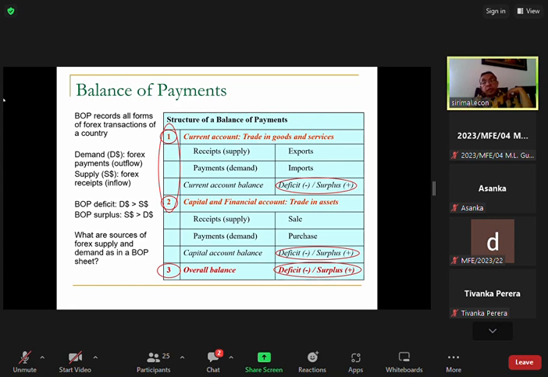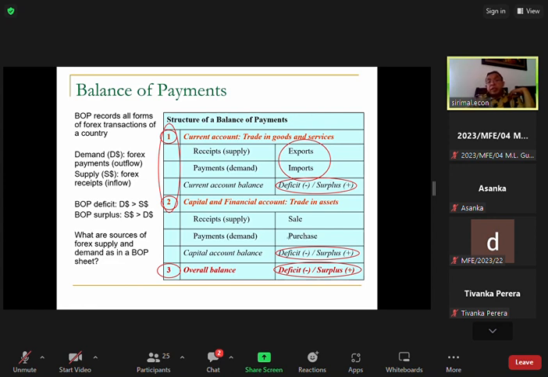Then, how do we understand that a country has a balance of payment problem? There are various ways to understand that. You need to look at the long-term trend, where the country is moving. If the deficit is getting widened, you need to understand there is a problem. If this side is getting weaker, that means current account transactions are weaker, then there is a problem.